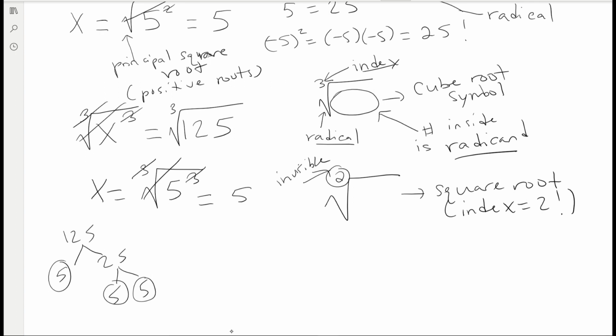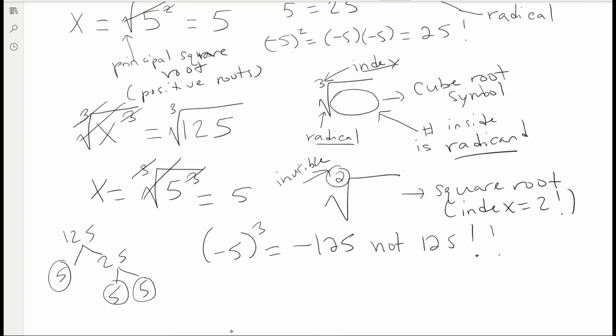So notice that the answer is only going to be 5. If you were to try negative 5 to the 3rd, well, negative 5 to the 3rd is negative 5 times negative 5 times negative 5, and that will give you negative 125, not positive 125.